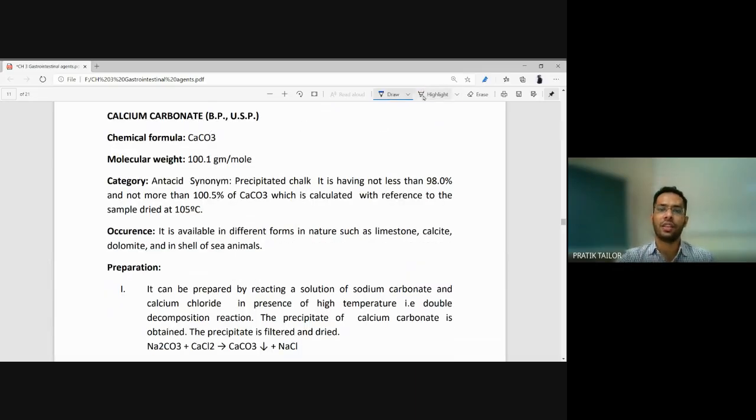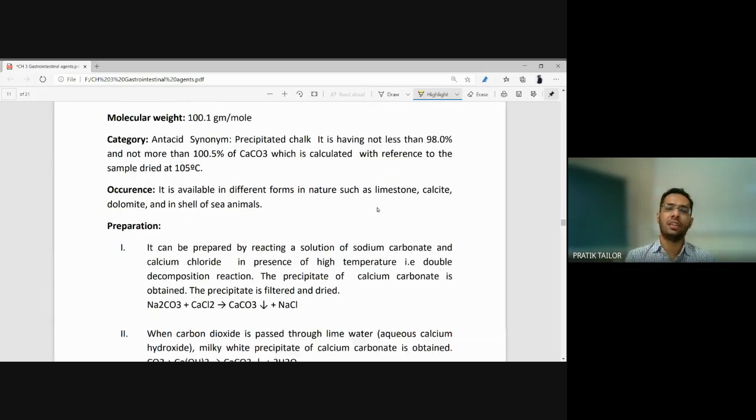Now we move to the next monograph, which is antacid calcium carbonate. It can be termed as precipitated chalk. Okay, it contains not less than 98 percentage and not more than 100.5 percentage of calcium carbonate, calculated with reference to the dried substance.